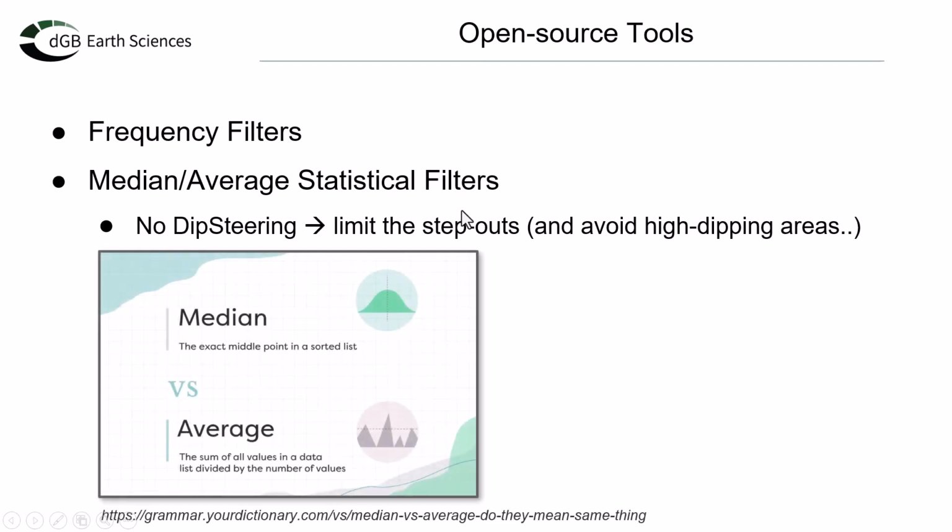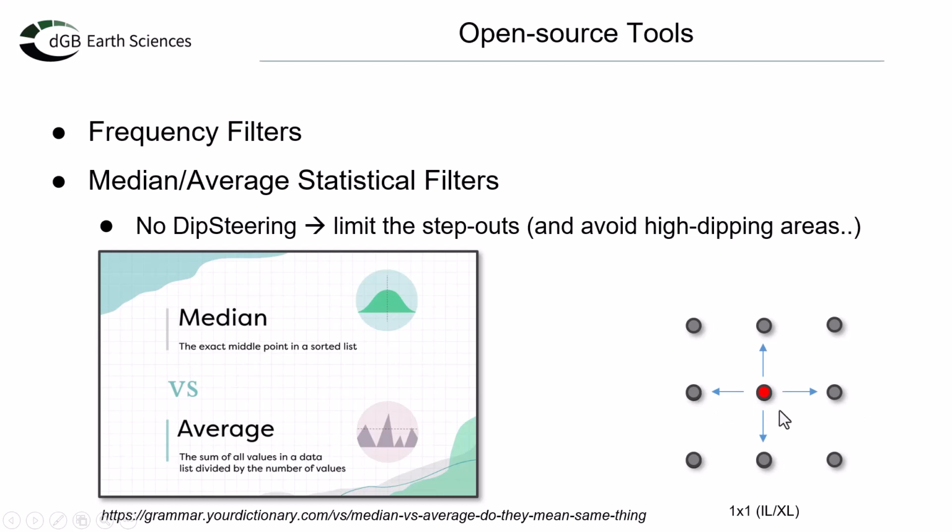Average filters are available as well, but here it is important to keep in mind again what these two actually mean. So median is inherently edge preserving, whereas an average averages out all the different values in your data. So if we look at this here to the right from a map view where we have our different sample points. If we take the central sample, we apply an inline crossline step out of 1 in each direction.